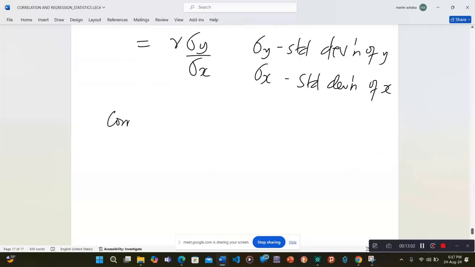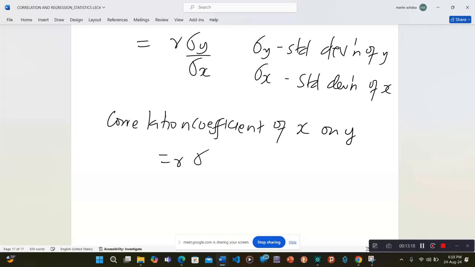Then the correlation coefficient of x on y is equal to r sigma x over sigma y. And the definition of sigma x and sigma y remains the same as we have already said.